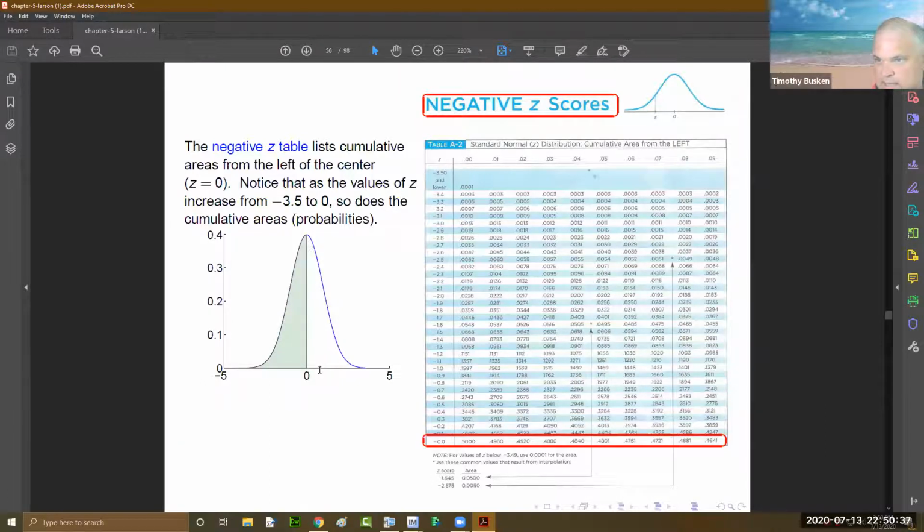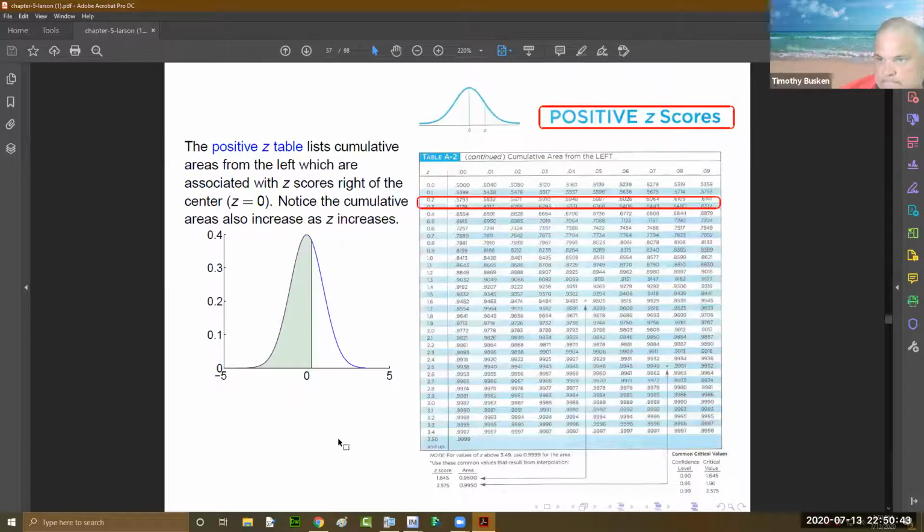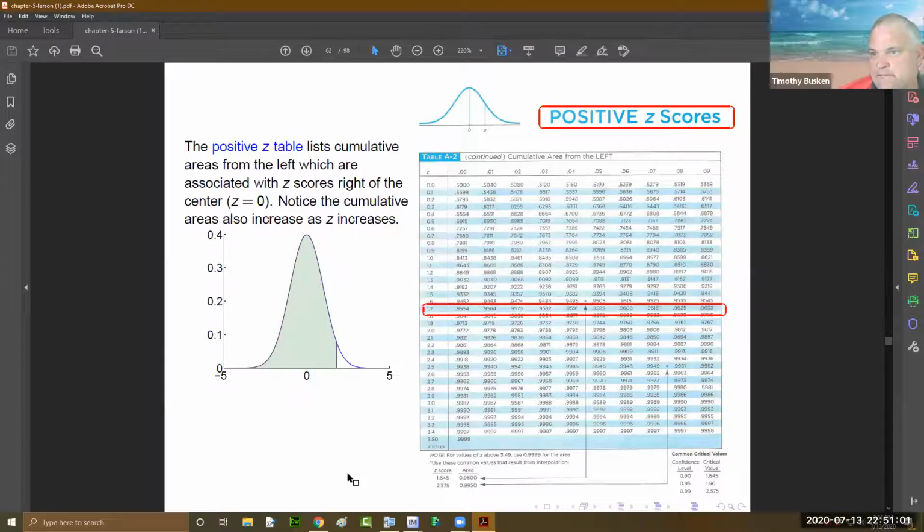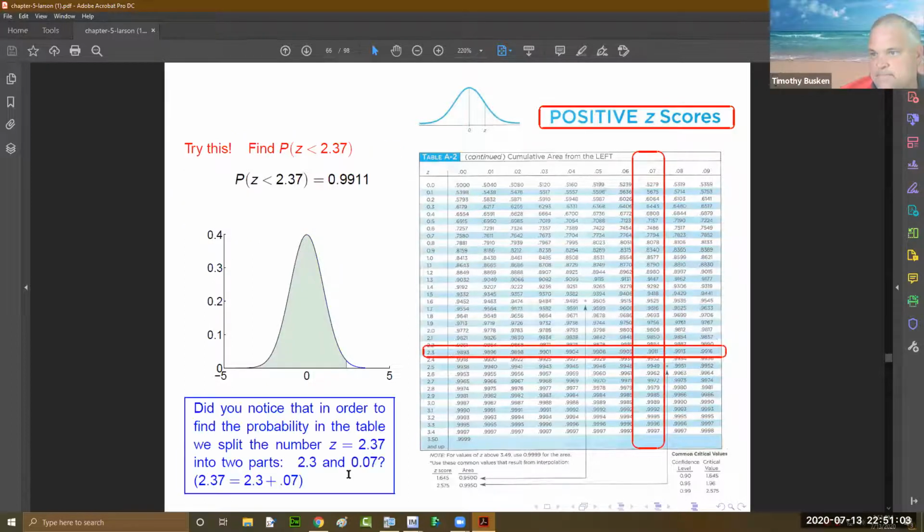And that's where you get a cumulative area of 50%. If you look at the positive z-score part of the table, Z values start at 0 and start to increase. Similarly, as we increase the value of Z, the cumulative area, or the area left of that value, also increases.